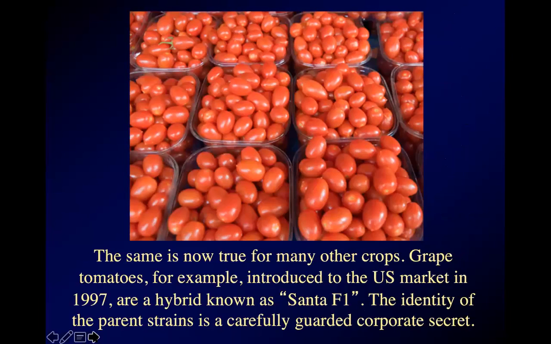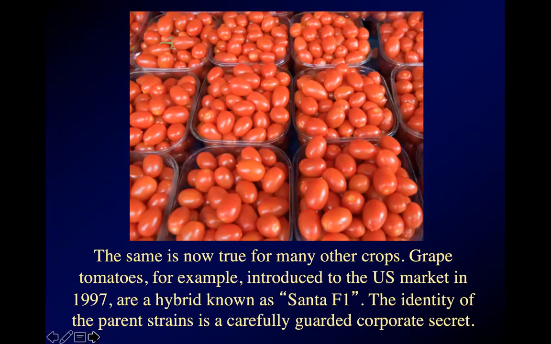I assume you've seen grape tomatoes before, these tomatoes that are about the size and shape of a grape. They were only introduced to the US market in 1997. They're not that old. And they are a hybrid known in the trade as Santa F1.